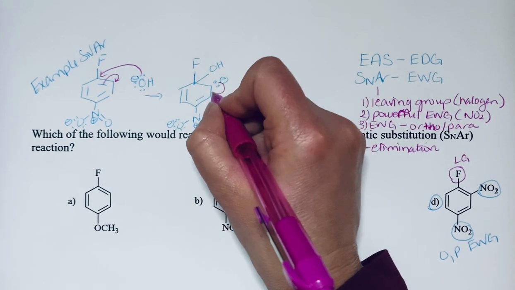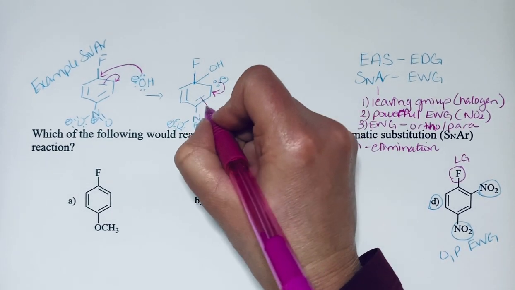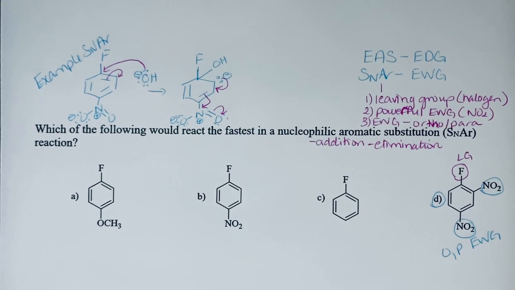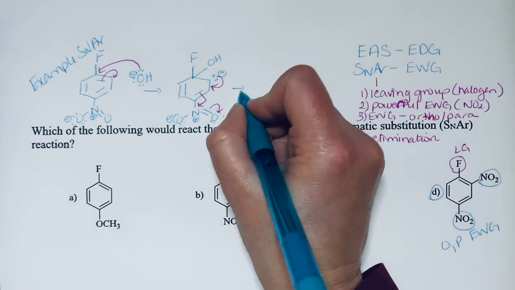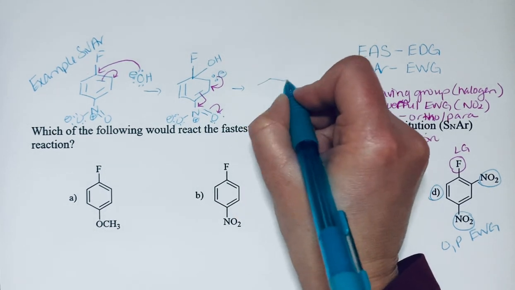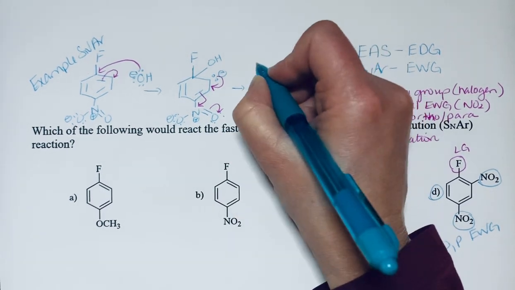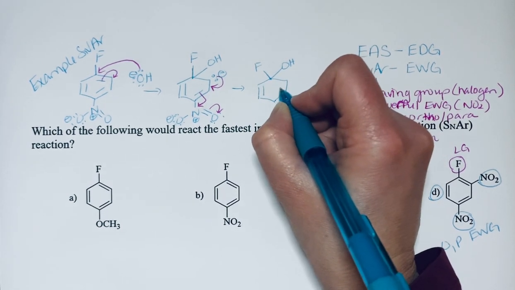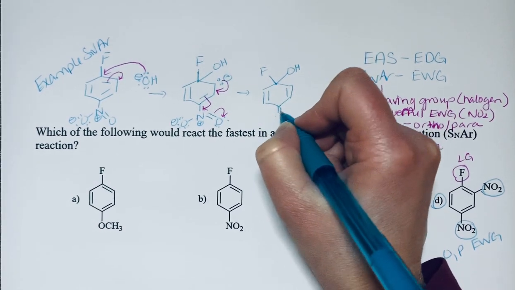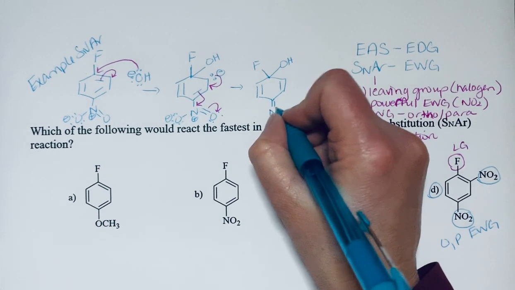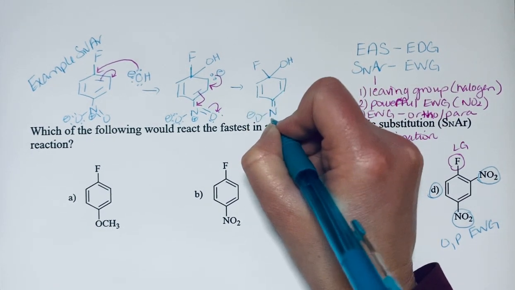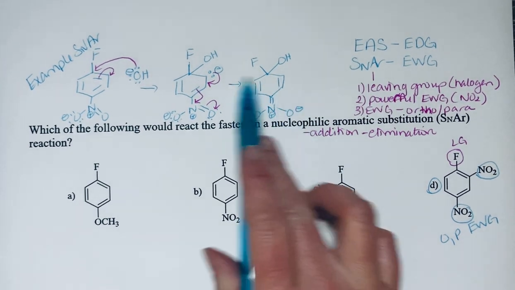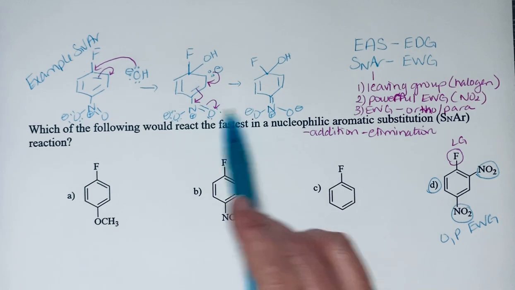So this can stabilize that negative charge because we can actually push the electrons all the way through to the oxygen of the nitro group. So we can do that. And that's how that nitro group is participating and helping to stabilize this anion.